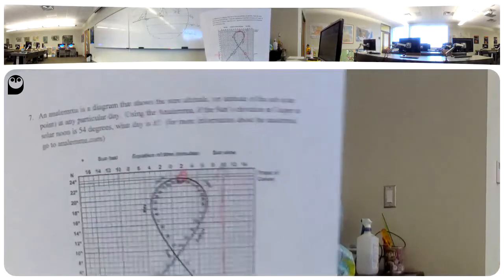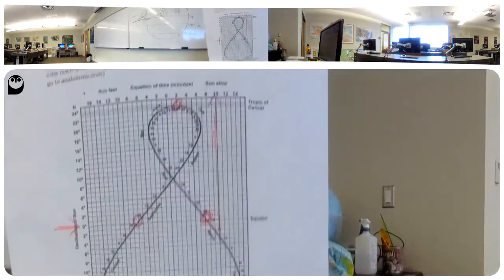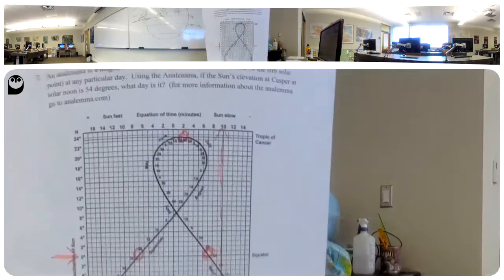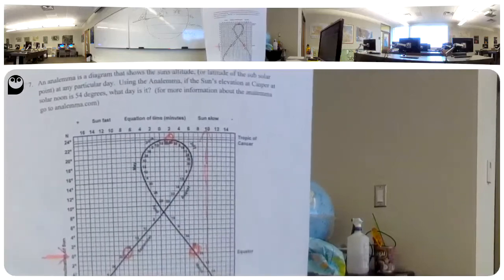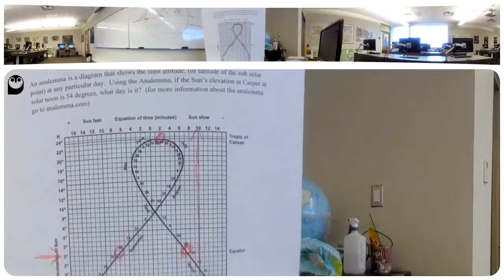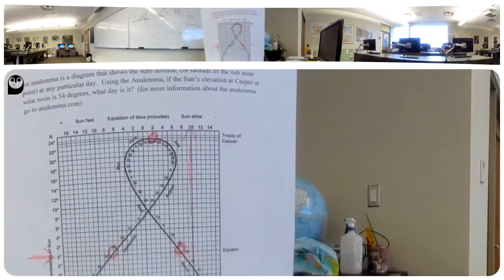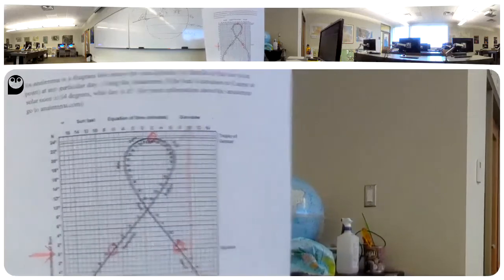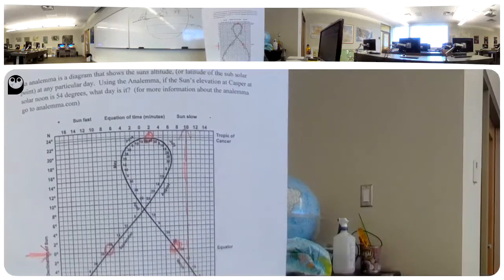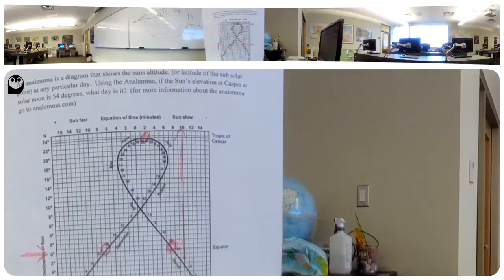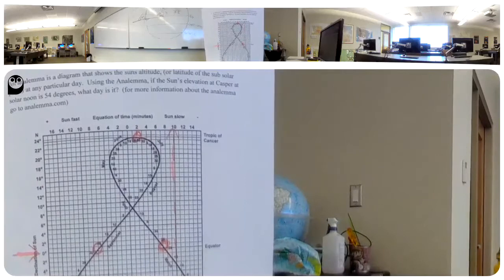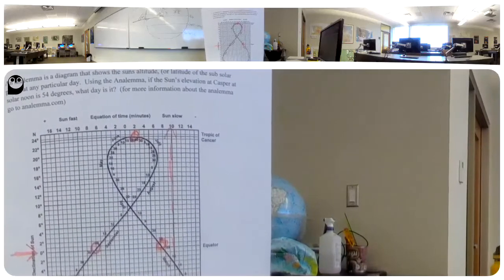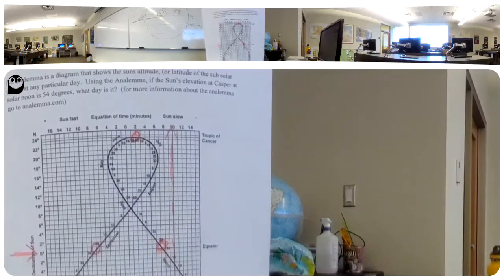So what does that mean? It means on March 15th, if you go outside at noon, the sun isn't going to be directly overhead. It's going to be a little bit slow, actually 10 minutes slow. So solar noon on March 15th is at 11:50 a.m.